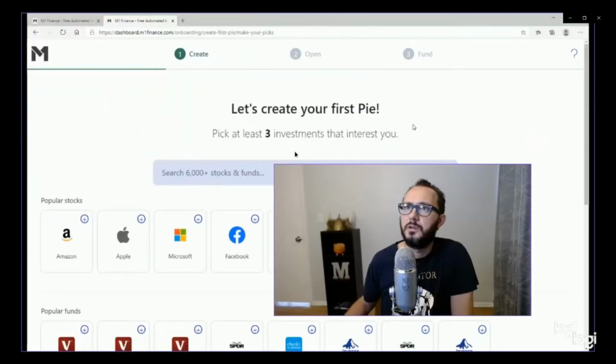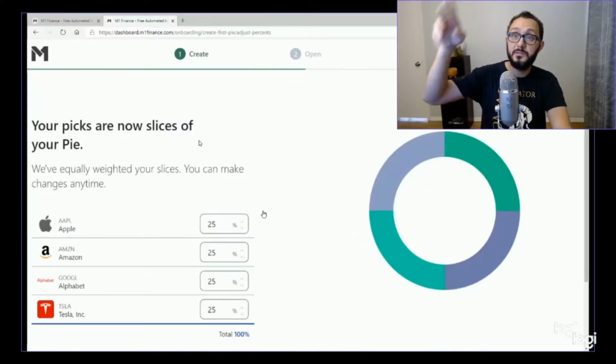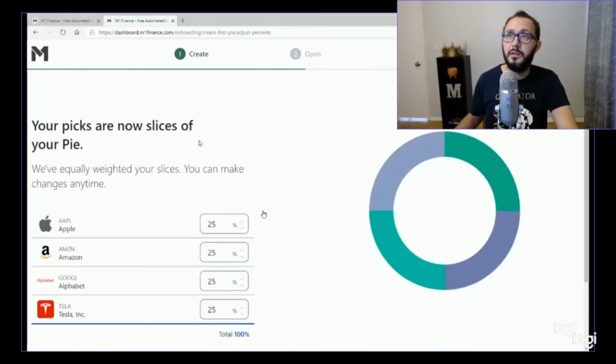So now I'm choosing the companies I'm interested in. I picked these 4 companies by now and they say your picks are now slices of your pie. This is the pie right here. They automatically assign an equal percentage to each portion of the pie, but you can change it anytime.